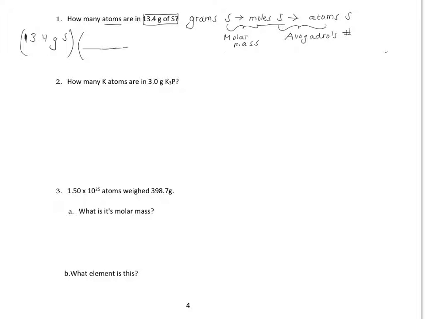If we go to the periodic table, the molar mass of sulfur is 32.065 grams per 1 mole of sulfur. And we can convert from moles to atoms of sulfur using Avogadro's number. We want moles at the bottom so we can cancel out moles, and Avogadro's number is at the top.